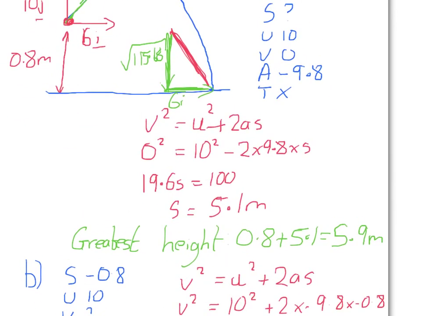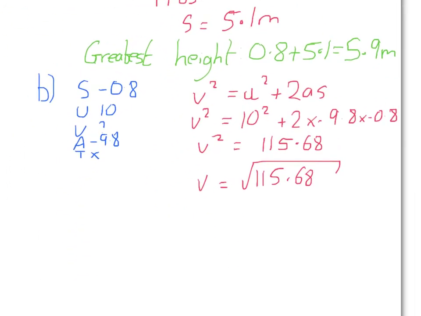So if we look at that triangle, we're going to do 6 squared plus this section here squared, which is just going to be 115.68, and remember we square root that.